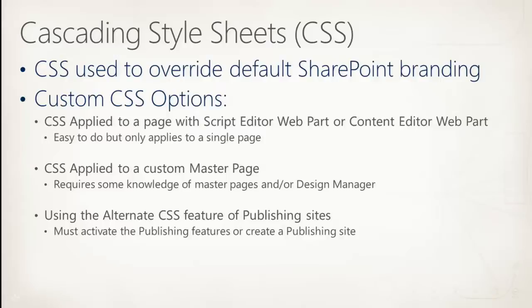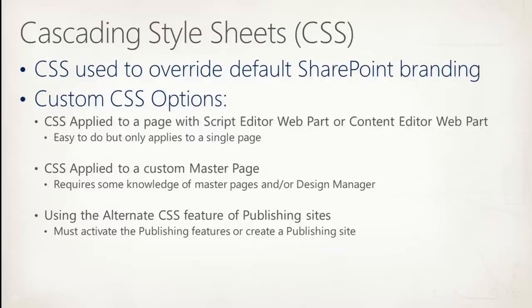So if you do want it to be applied globally, you have a few options. One, you can apply your custom CSS to your master page, which would simply be to add a reference to your custom CSS in your master page. Or if you're using Design Manager and you've got a custom CSS associated with your HTML file, it'll automatically apply that for you, so you get the benefit there.